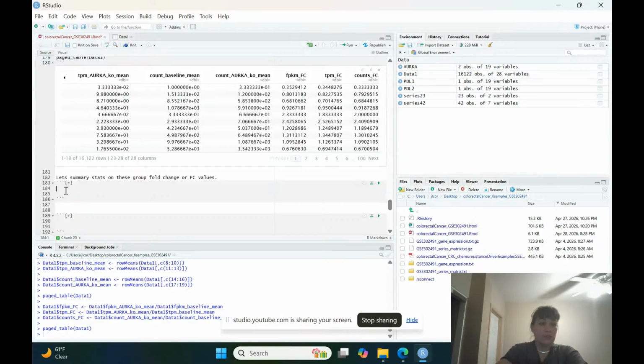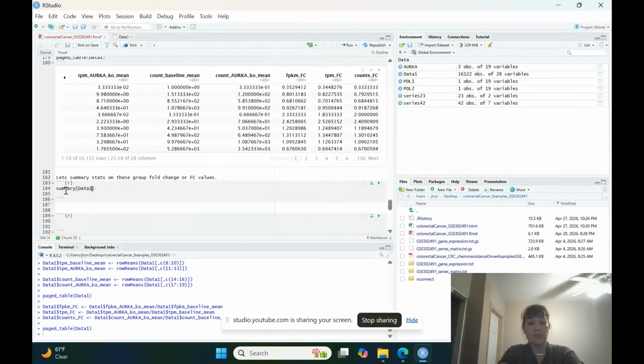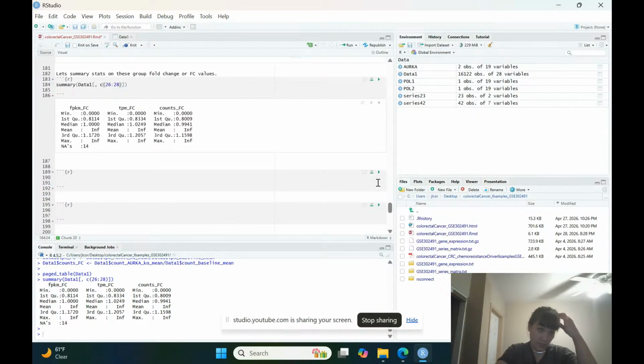Okay, so summary data 1, but only columns 26 to 28. This will show you the numeric values. Well, that does happen.